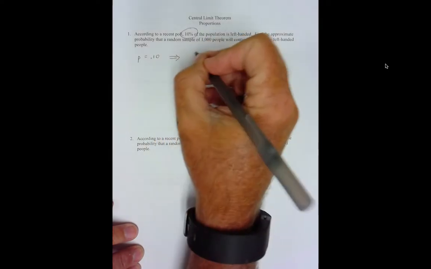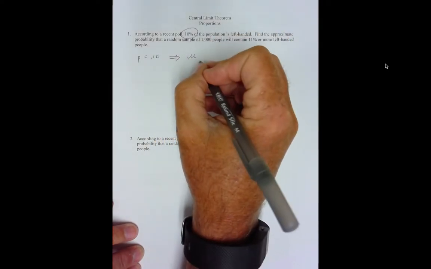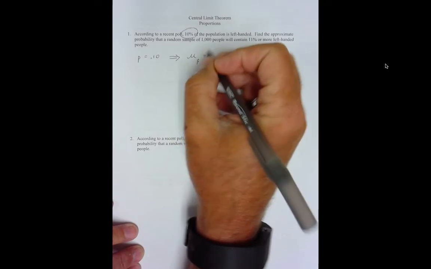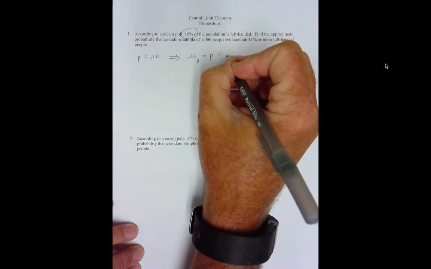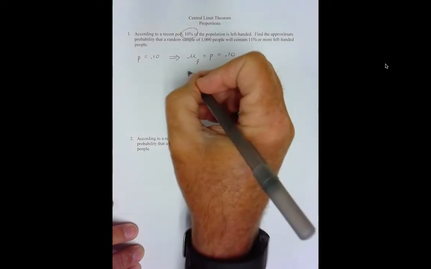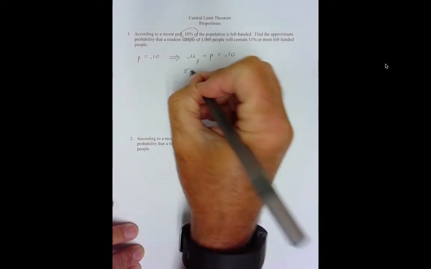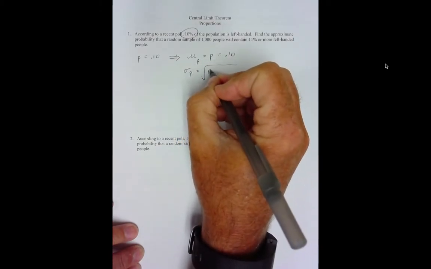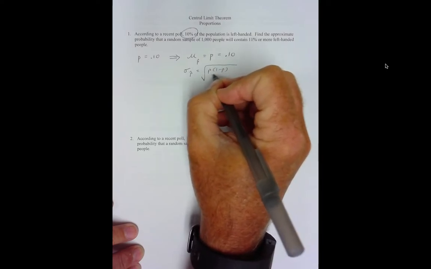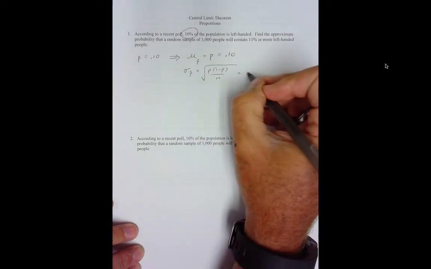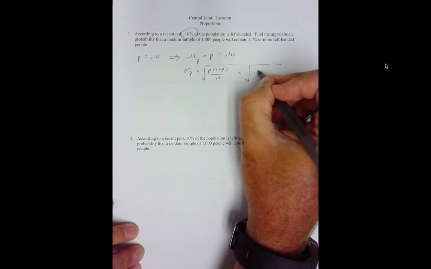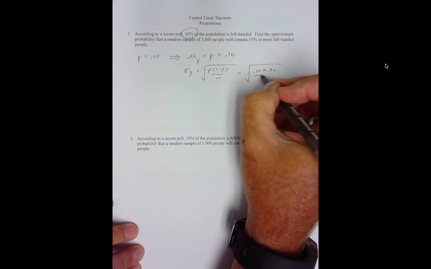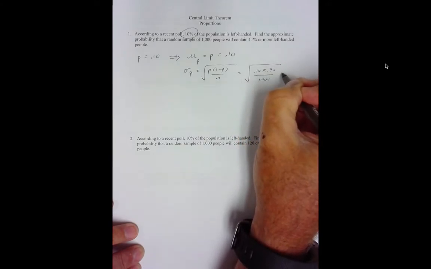And from the previous videos, that tells us that the mean of the sampling distribution of the sample proportion will be equal to P. And the standard deviation of the distribution of sample proportions will be equal to the square root of P times 1 minus P over N, which is the square root of 0.10 times 0.90 over 1,000.